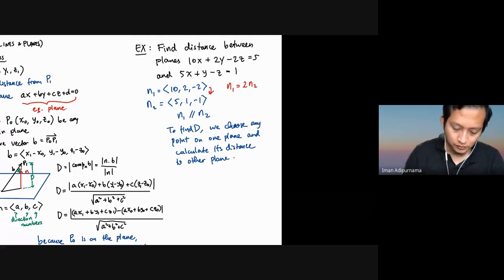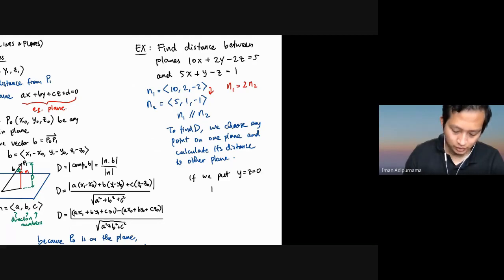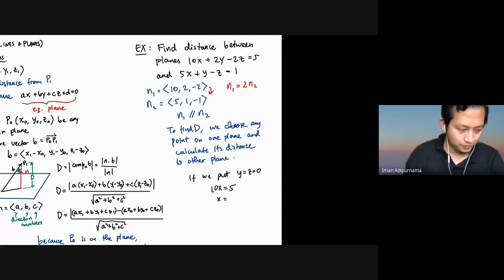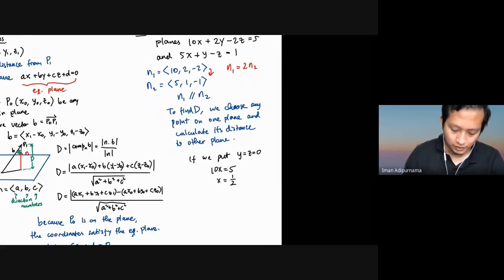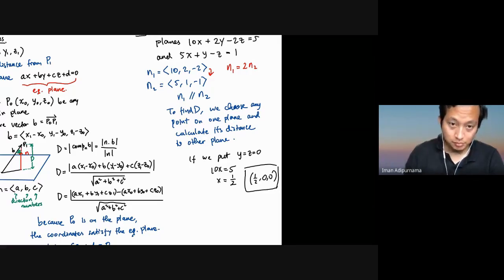If we put y equals z equals 0, we get 10x is 5, so x is half. So we have the point (1/2, 0, 0). This point is our P0.